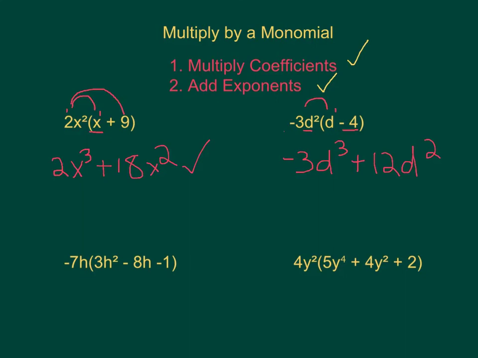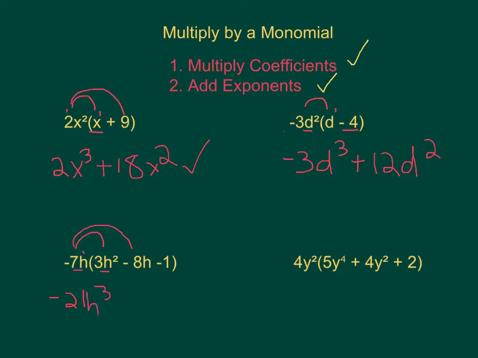Alright, number 3. Negative 7h times 3h squared. Multiply the coefficients together, so negative 7 times 3 is negative 21, and then add the exponents. We have h to the 1st times h squared, so that is h to the 3rd.